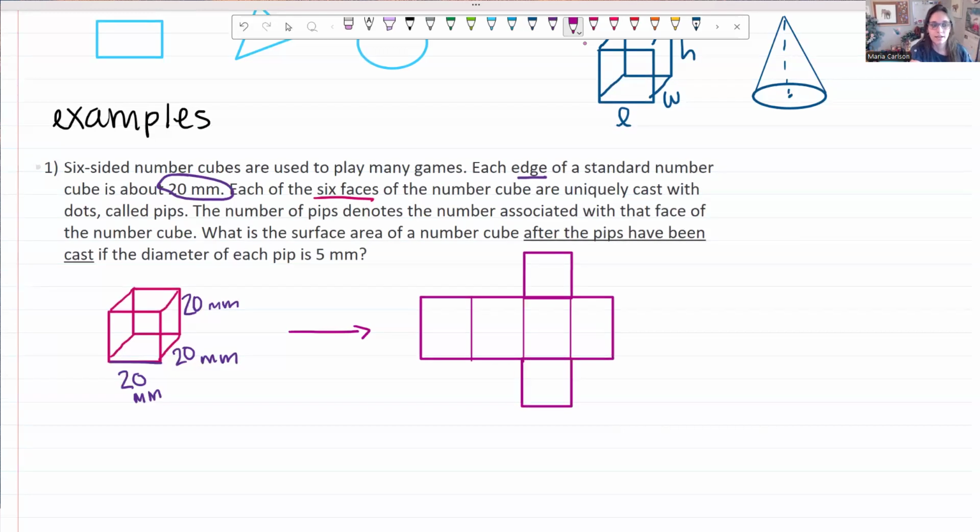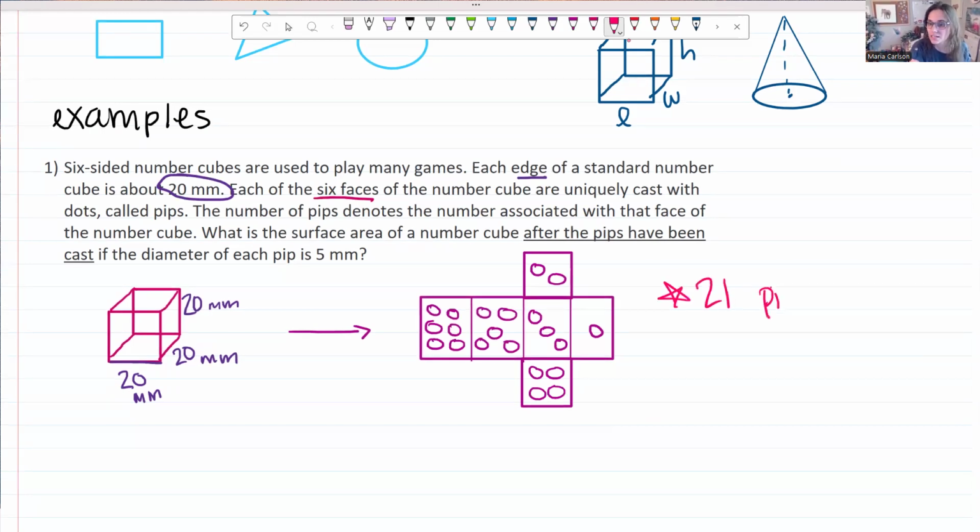All right, now again, we should have 1 through 6 on our die. So 1 here, maybe I'll do 2 here. This has 2 pips in it. This has 1, 2, 3 pips in it. This has 1, 2, 3, 4. We have 1 with 5 and 1 with 6. So altogether, if we count 1 plus 2 plus 3 plus 4 plus 5 plus 6, there are 21 pips in total.